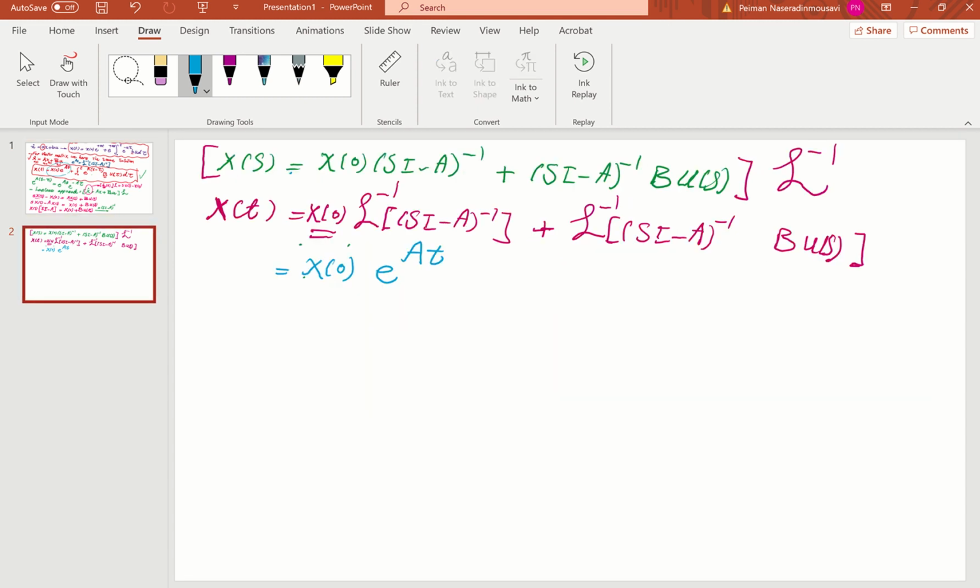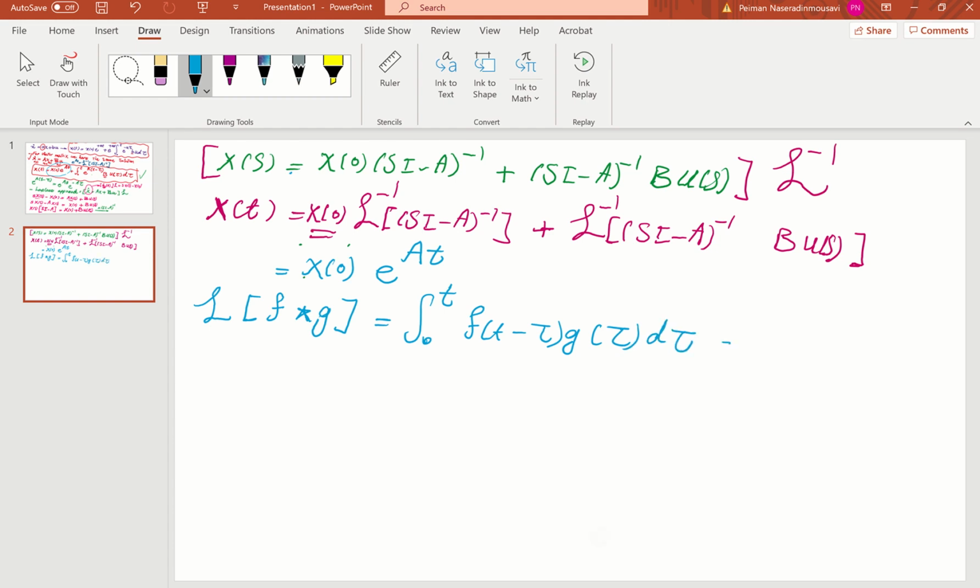Now, here you have to know about the convolution and the Laplace of the convolution. If you remember from graduate control, the Laplace of f convolved with g is the integration from 0 to t of f(t minus tau) g(tau) d tau, and this Laplace of the convolution is F(s) G(s), right?